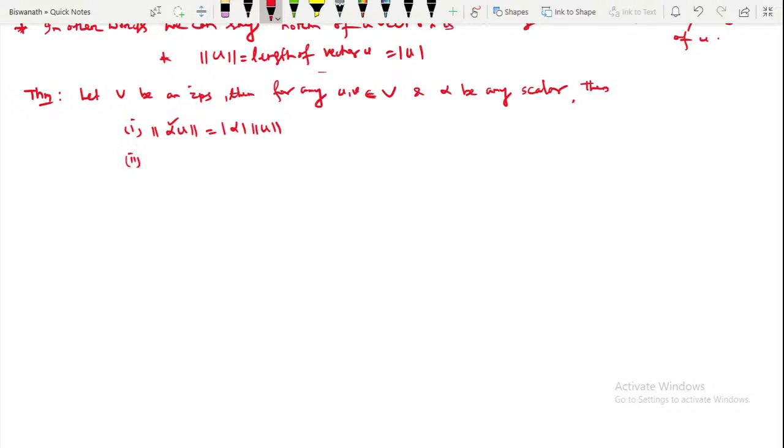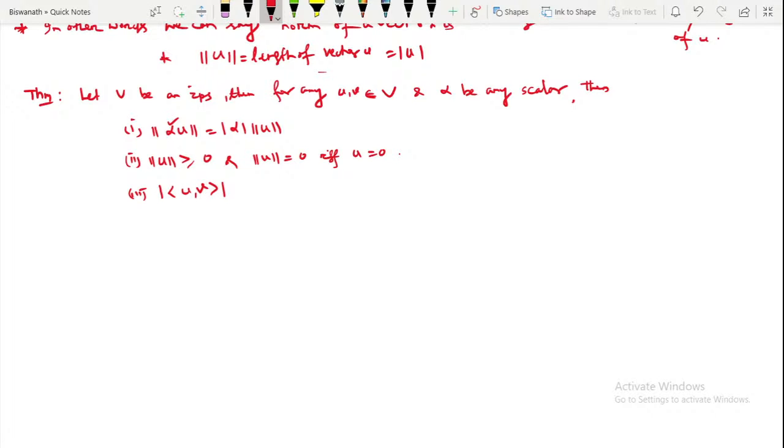The second point: norm of u is greater than or equal to 0, and norm of u is equal to 0 if and only if u is equal to 0. In the third point, what we have to show is about the modulus of the inner product of u, v.